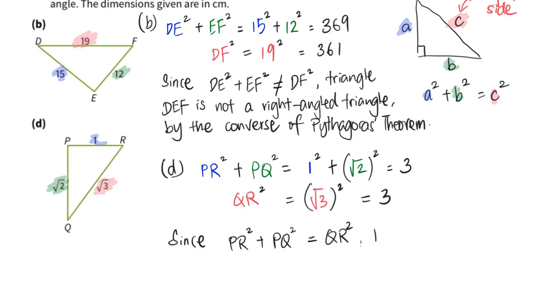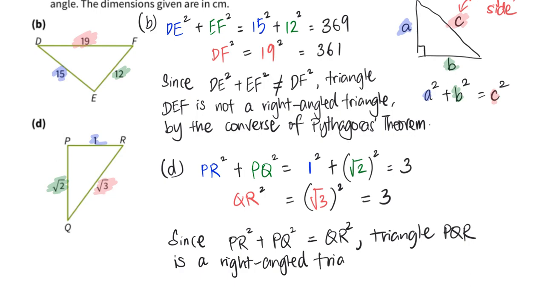So this is an important clue, because this tells me then that triangle PQR is a right angle triangle. By the converse of Pythagoras theorem.